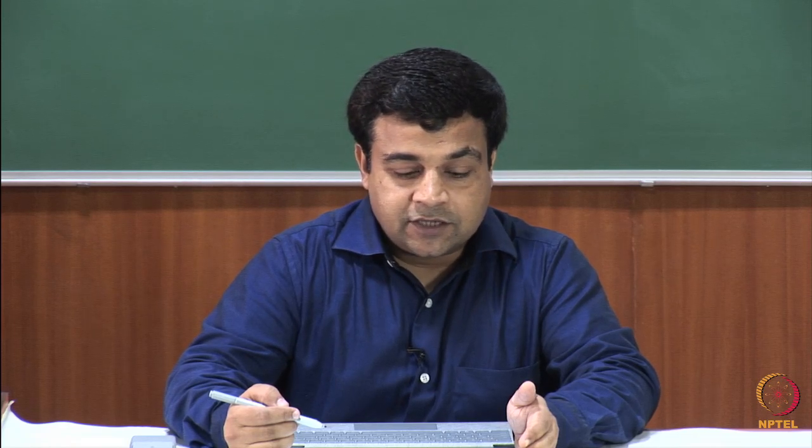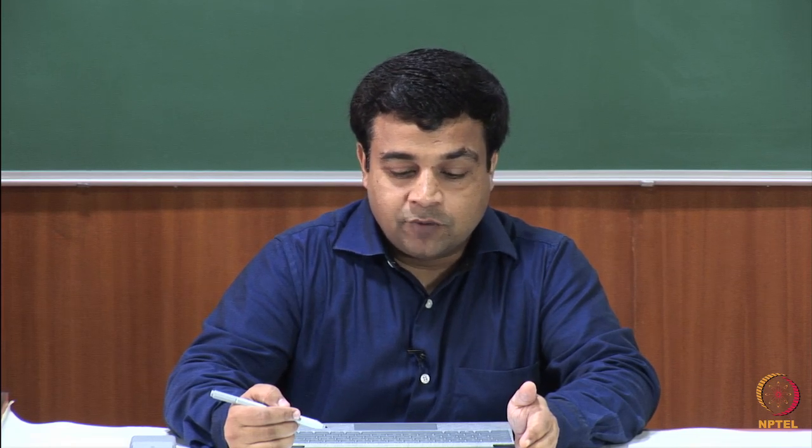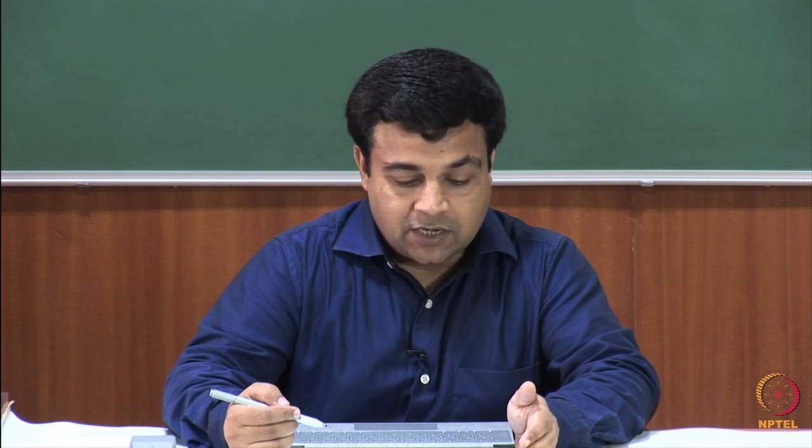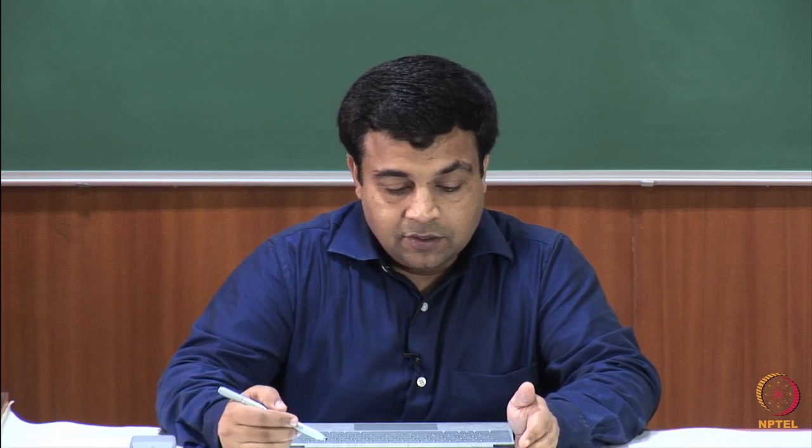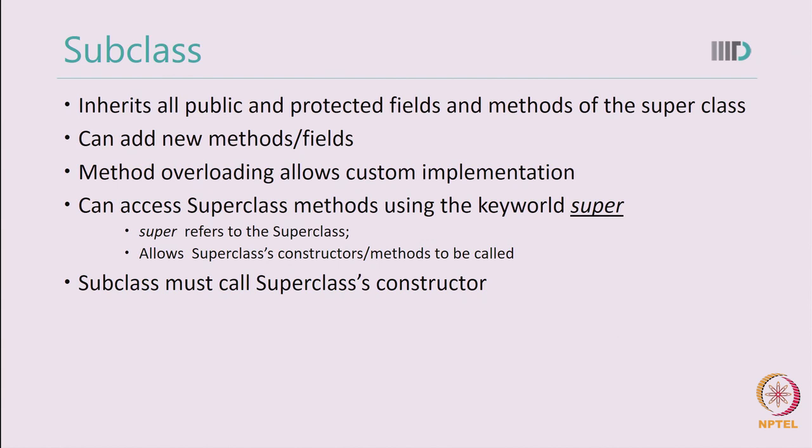So if from the vehicle we derive two classes, one of type car and one of type truck, then it is advisable that we do method overriding so that the getWheelsCount returns the correct number for the two different subclasses. Each subclass can access superclass methods using the keyword super. Super refers to the superclass and allows superclass constructors or methods to be called as well. Subclasses must call the superclass constructor.